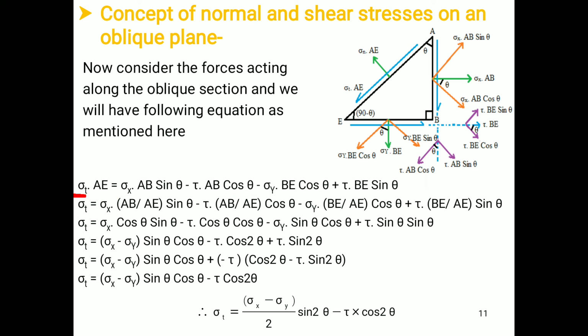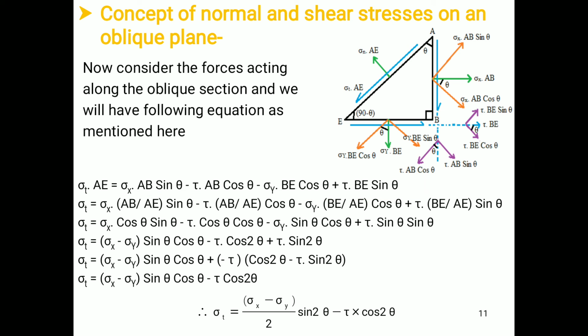The minus and plus signs are because all the forces acting along this direction we have considered as negative, and all the forces acting along this direction will be considered as positive. If you require, you can consider any sign convention; I have considered the sign convention in this manner.